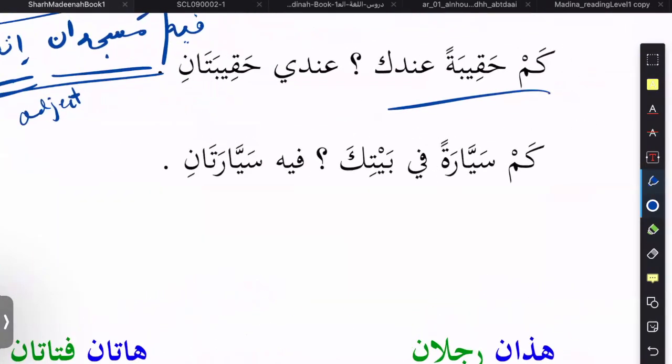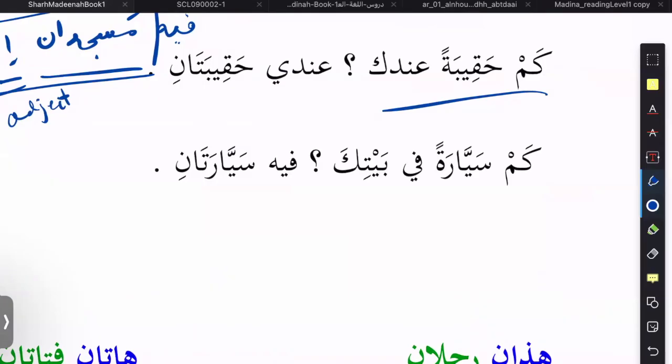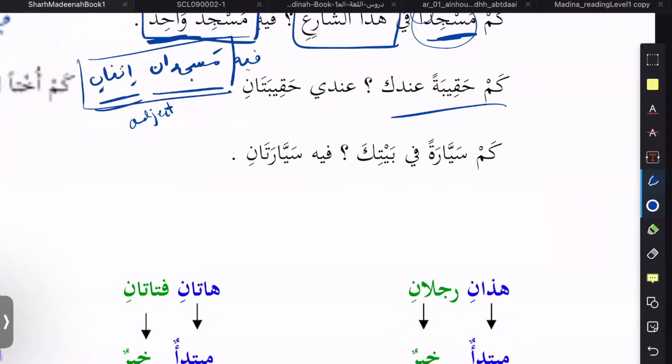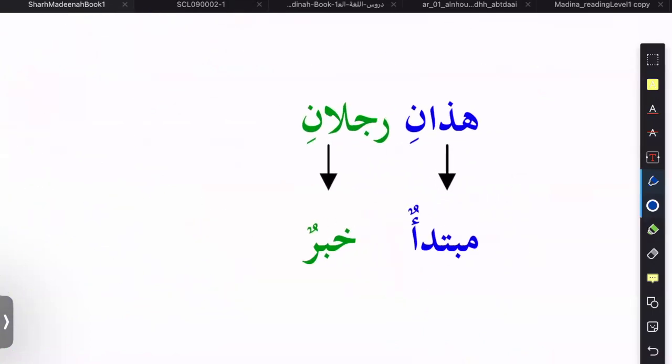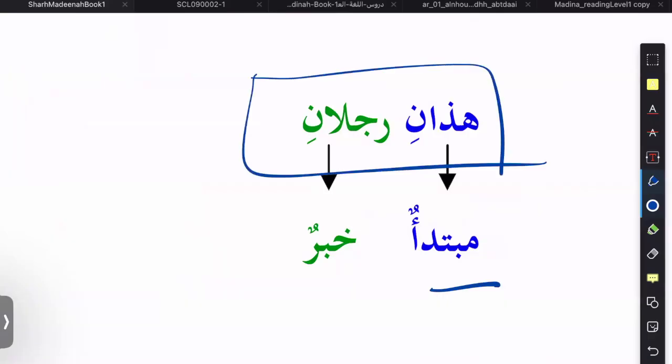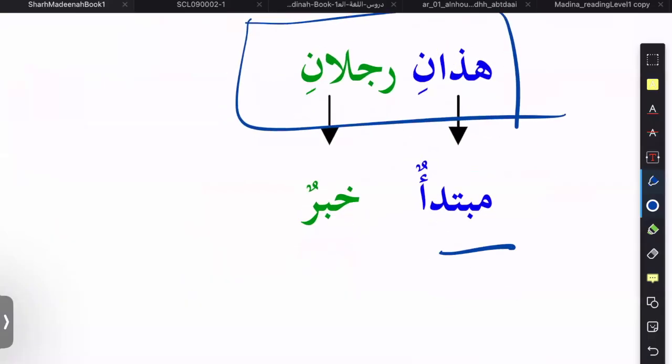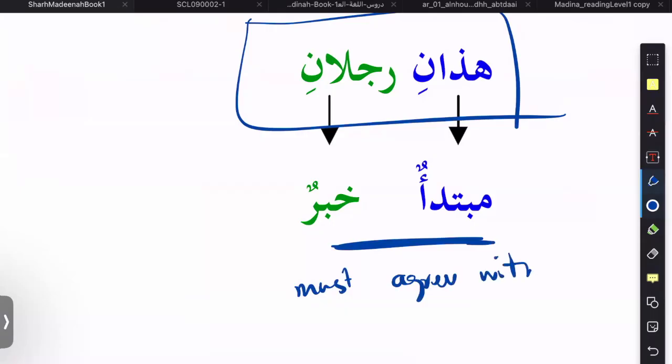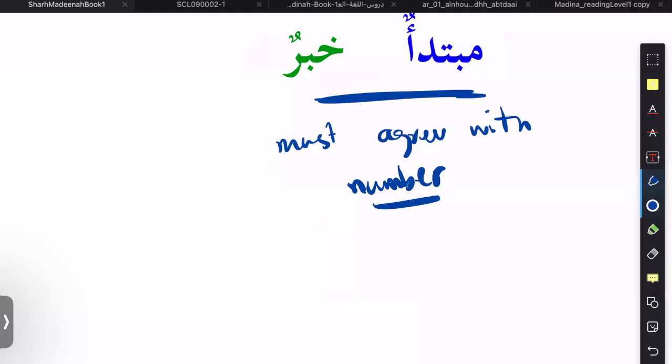Kam sayyaratan fi baytik. Fihi sayyaratani. So you have hadani as mubtada, rajulani as khabar, something that we already know, right? But what you have to know is that mubtada and khabar must agree with number. Mubtada is singular, khabar has to be singular.